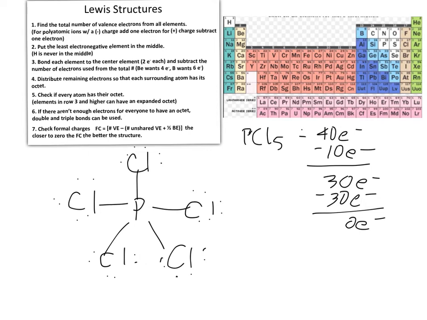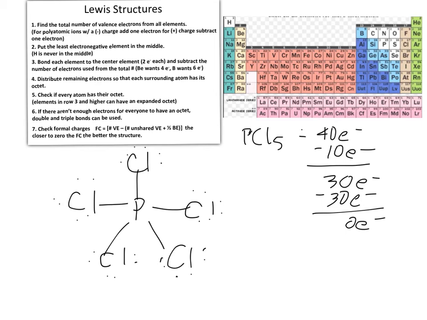And so normally we would say that phosphorus is not following the octet rule, right? Because 10 is not 8. However, what you need to understand is that if your central atom is in period 3 or below, d orbitals are now accessible, and because d orbitals are accessible, these elements can have what's known as an expanded octet.